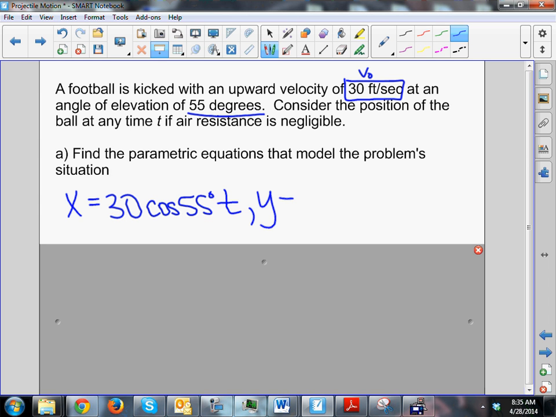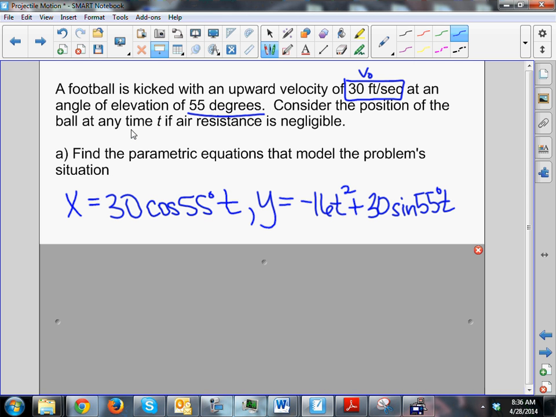And then y is negative 16t squared plus v naught sine of our angle t plus the initial height. What is the initial height? 0. That makes it nice. Okay. I want you to leave it as the cosine 55 and the sine 55. It'll help with your accuracy later on when we have to use those.